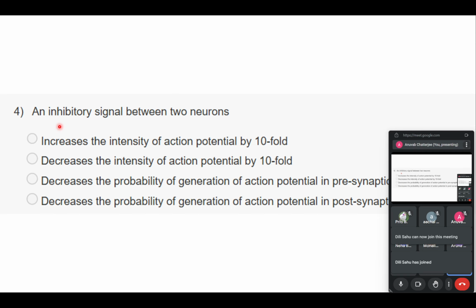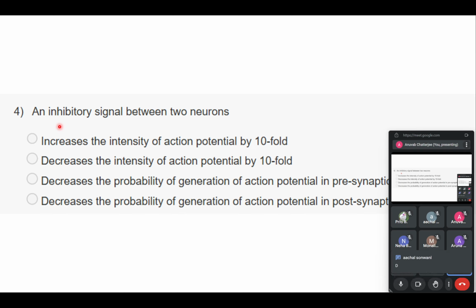You can post whatever you think is the correct answer into the chat.